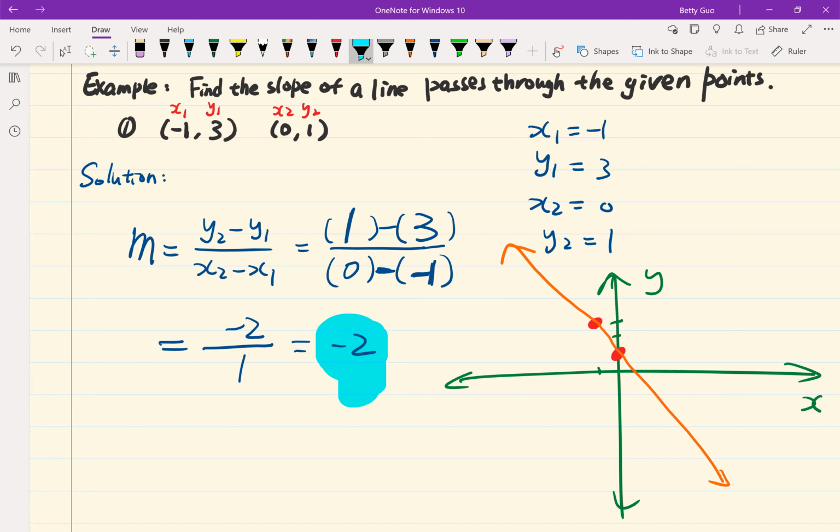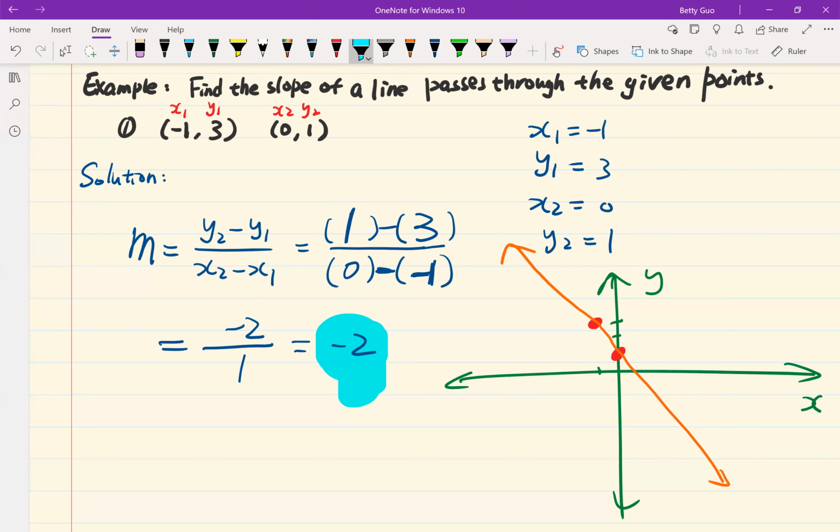Okay. So this is not a coincidence. This is the first conclusion that we need to remember. If the slope of a line is negative, then the line goes down. Vice versa, if the straight line goes down, then the slope is negative. Can you try to remember that?